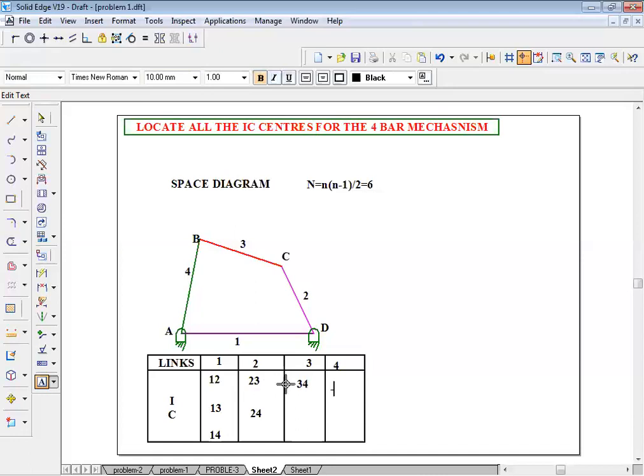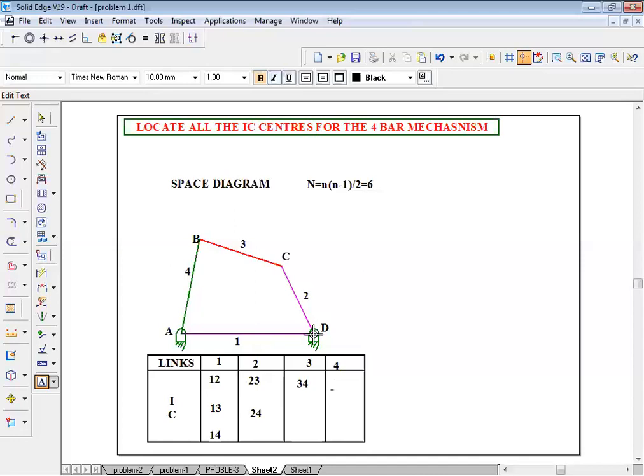Next, once we have the instantaneous centers with respect to each link, we need to identify which is known, which is fixed and permanent, and which is not permanent or not fixed. Let us take I12. Where will I12 come? Links 1 and 2 coincide here, so it is a fixed one.